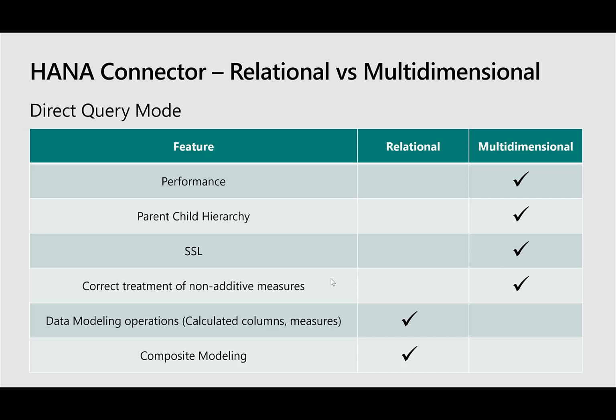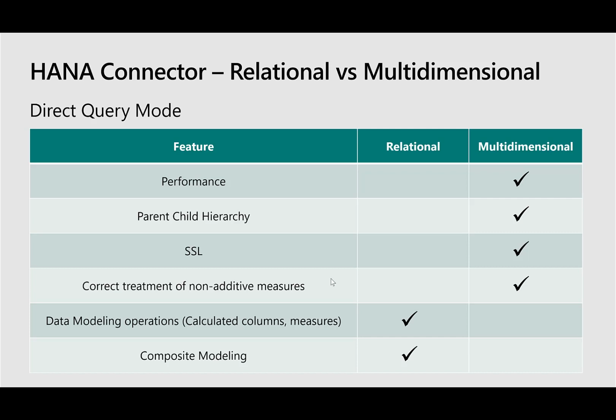It supports the hierarchies because of the cube with parent-child hierarchies. It supports SSL, and correctly treats non-additive measures. So it's a high performance multidimensional model using the HANA multidimensional mode.